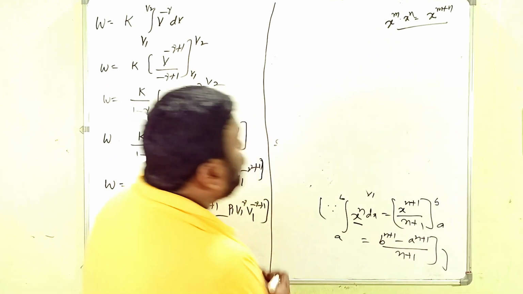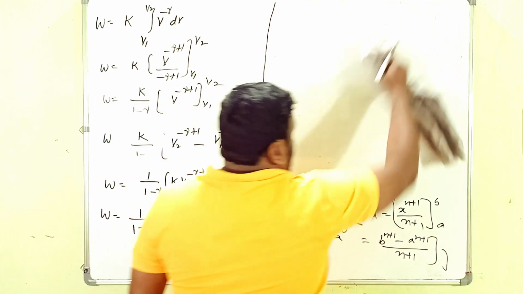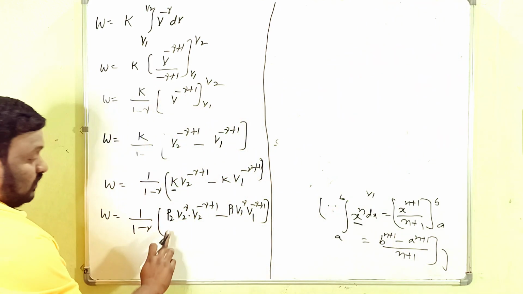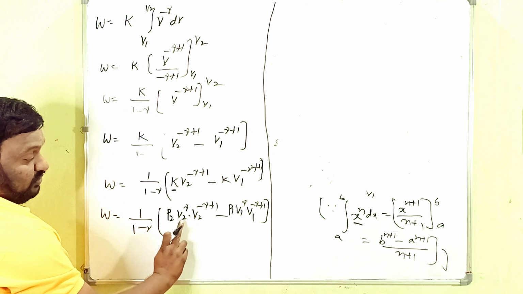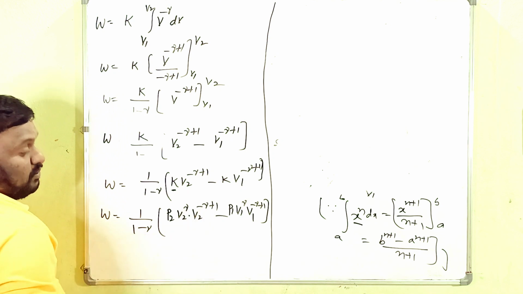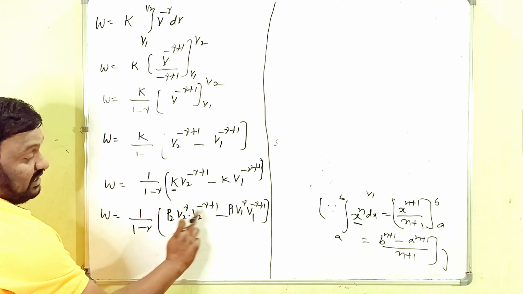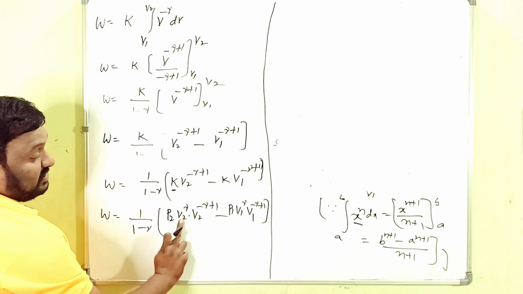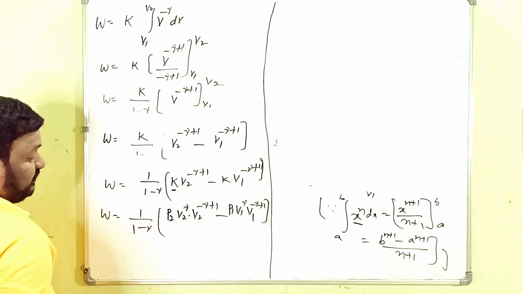Here also you can watch carefully. P2 V2 to the power of gamma into V2 to the power of minus gamma plus 1. It is a multiplication and the bases are equal, so we have to add the exponents.